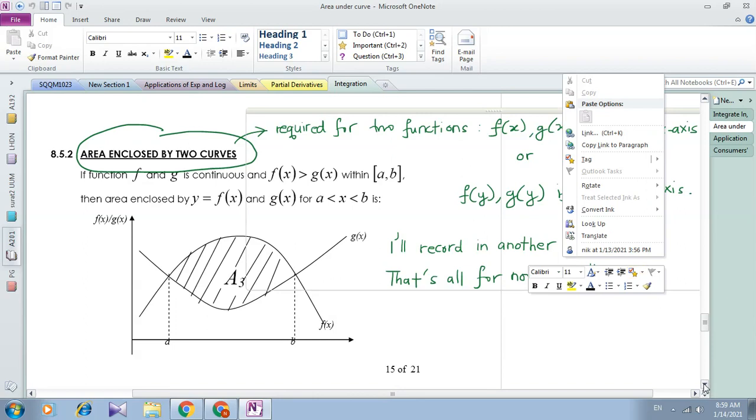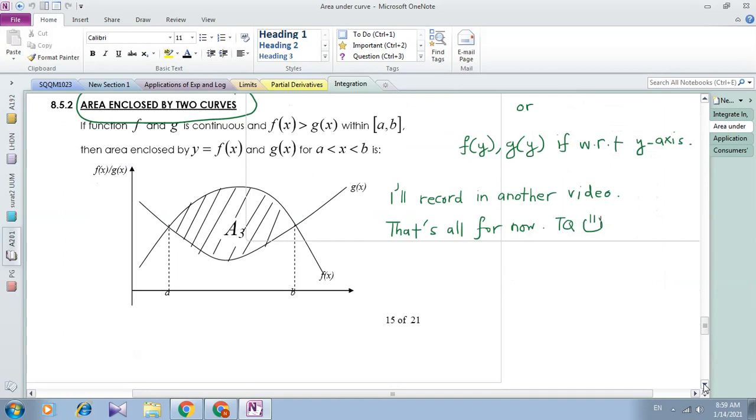Let's look at how we can find the area enclosed by two curves. Actually, it's not complicated at all.